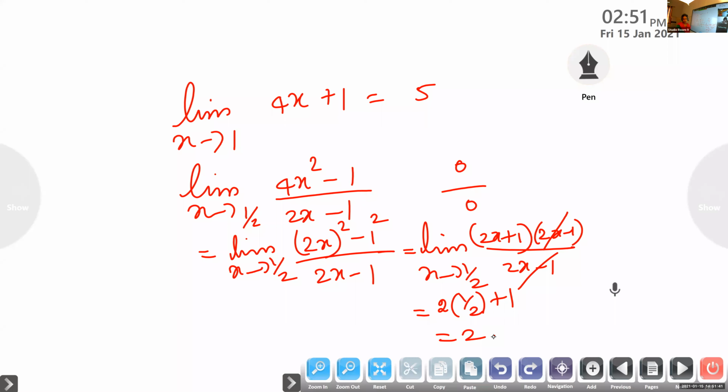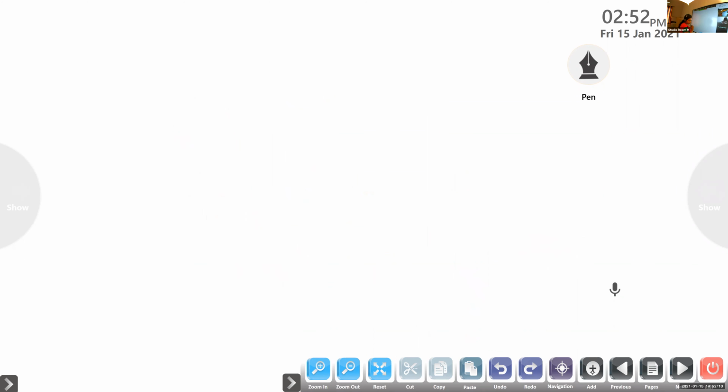Limit of trigonometric functions. See children, we will be learning some formulas. Write the formula.